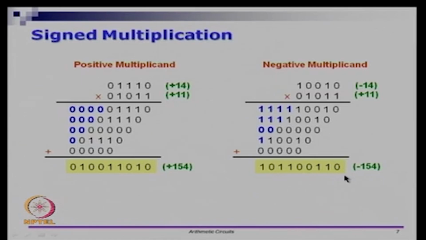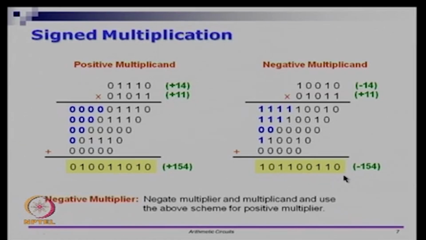Of course, if you have a negative multiplier, you have a problem. This array multiplier idea works only if the multiplier is positive, the multiplicand could be positive or negative with the sign extension. However, if the multiplier is negative, so if I want to do something like a times minus b, instead treat it as minus a times b.